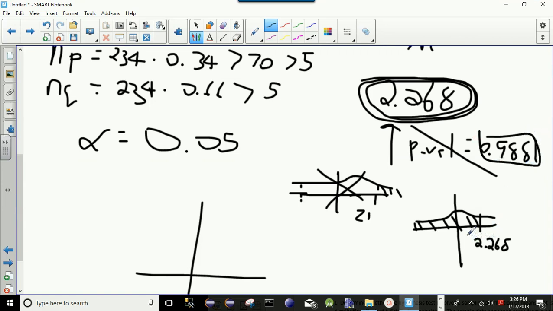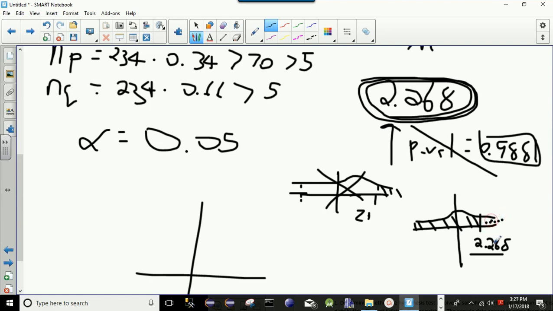The p-value in a right-tailed test is the area to the right of the test statistic.